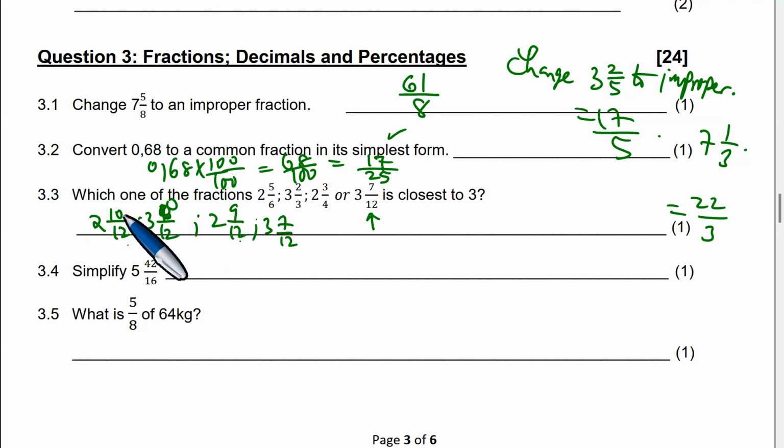Now, 10 out of 12 is the biggest fractional part, because they all have denominator 12.